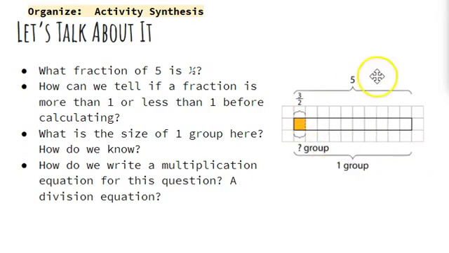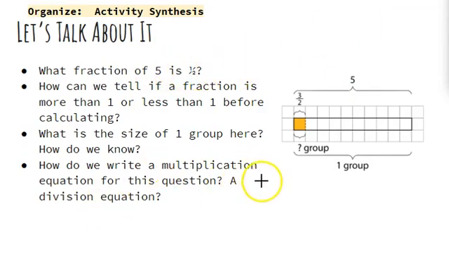Because 1 whole group here is 5. We're talking about 1/2 out of the 5. So the fraction that we're going to use is going to end up being much less than 1, isn't it? So what's the size of the one group here that we're talking about? It's the 5, isn't it? Because we're talking about what fraction of 5 is 1/2.